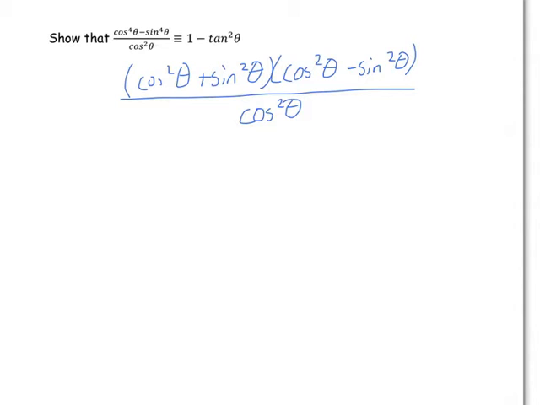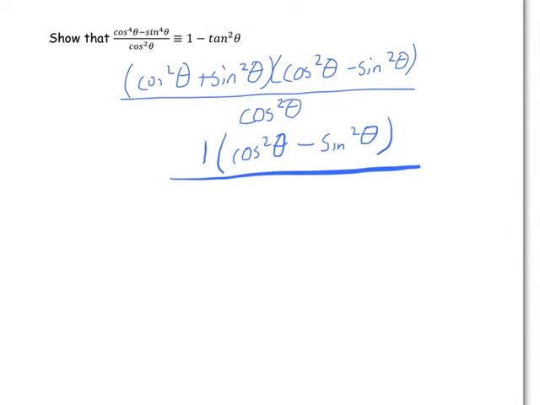What we've just done by using the difference of two squares is found that this first bracket is equal to 1, because we know that cos squared theta plus sine squared theta is equal to 1. So all we're left with on the top is cos squared theta minus sine squared theta, all divided by cos squared theta.